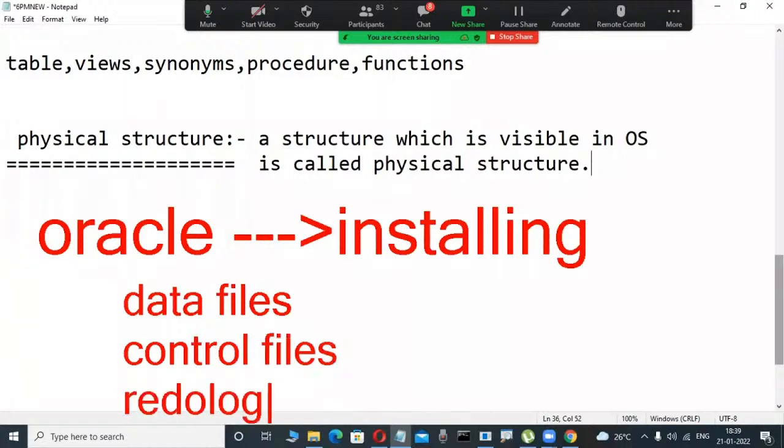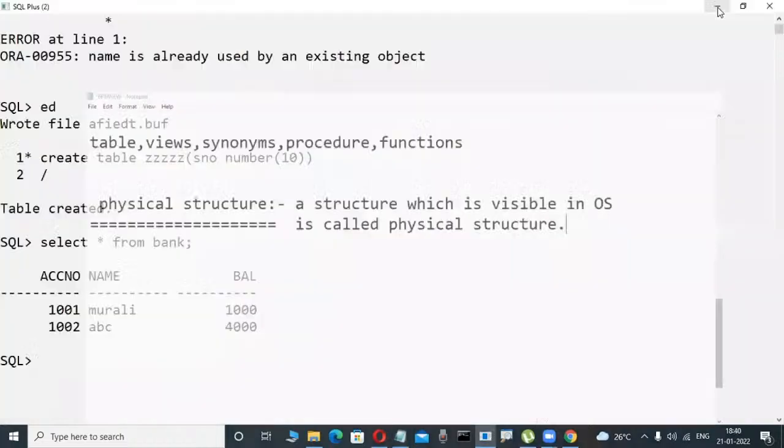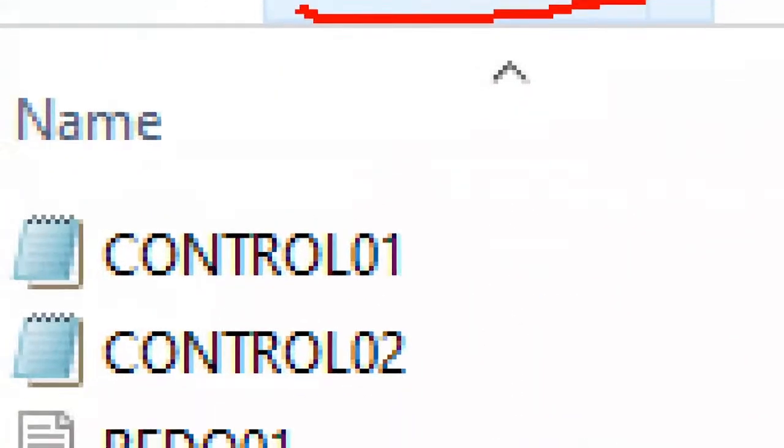You don't have an idea about these yet. In the future, in the DBA concept, I'm giving a rough introduction in our course. Whenever I'm installing Oracle software, some files are created on the disk, in the C drive or D drive.